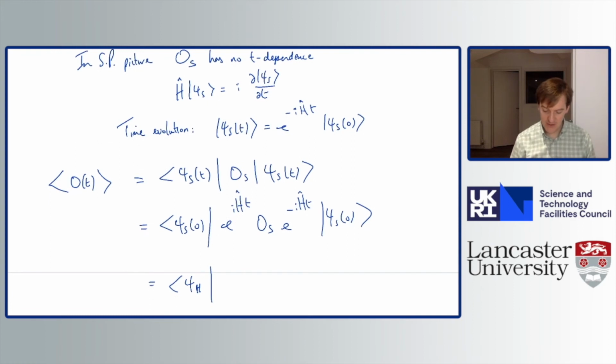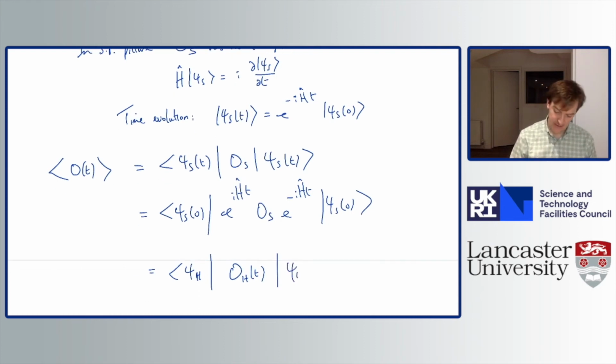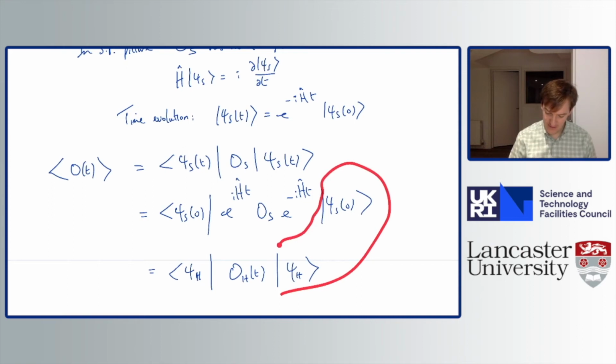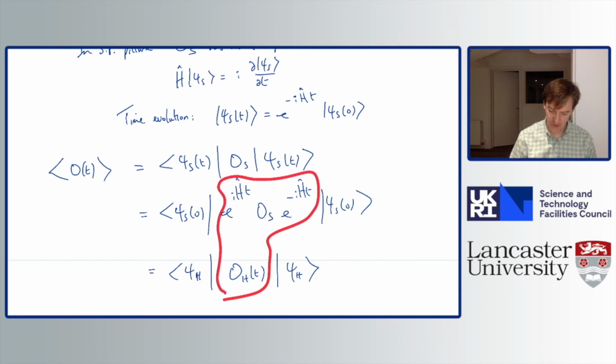I have the Heisenberg state, and then I'm going to define all of this stuff in the middle as the Heisenberg operator. Now it does depend on time, and we have the state psi H again, which is this time independent state. So psi H, this bit, and O_H, this chunk of stuff.